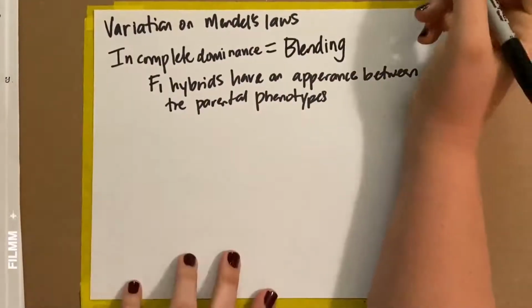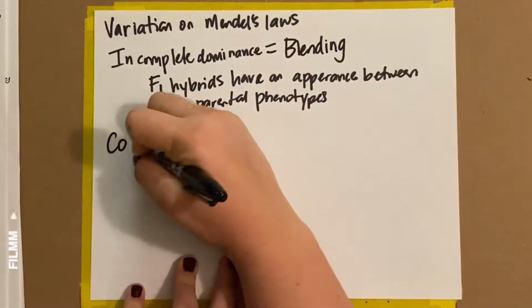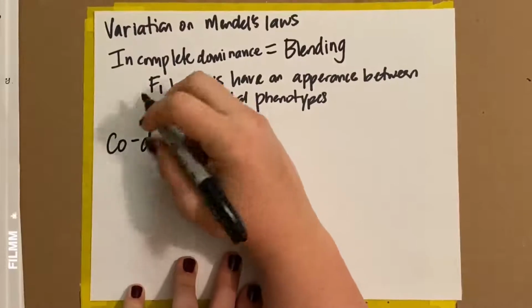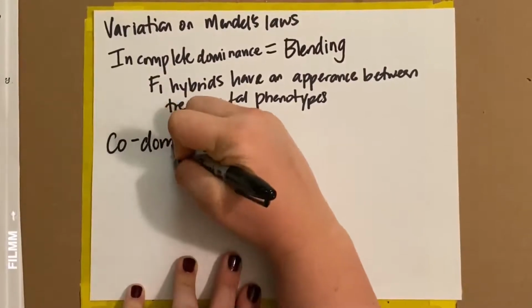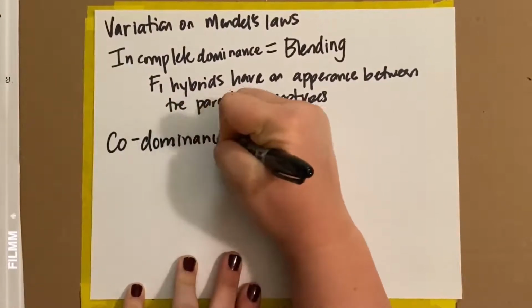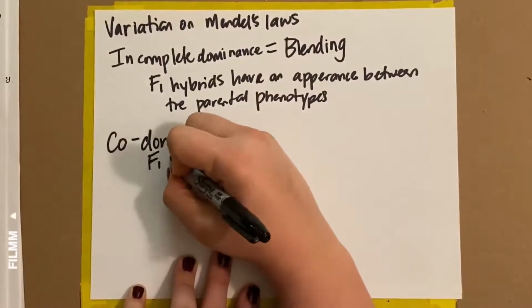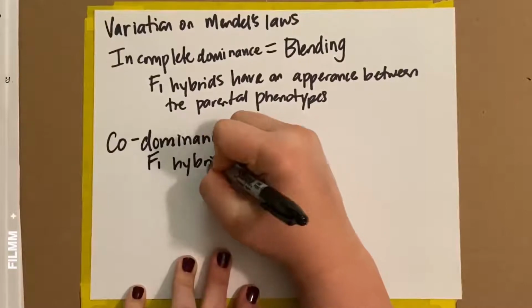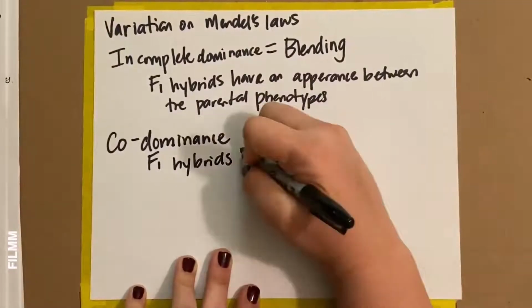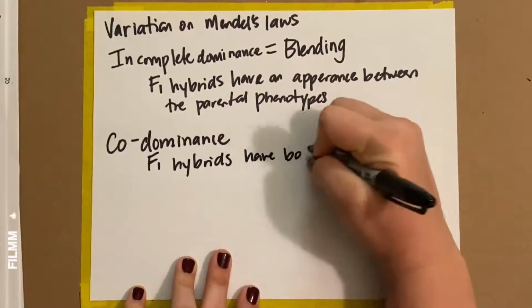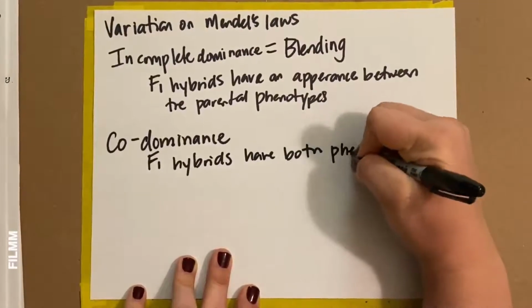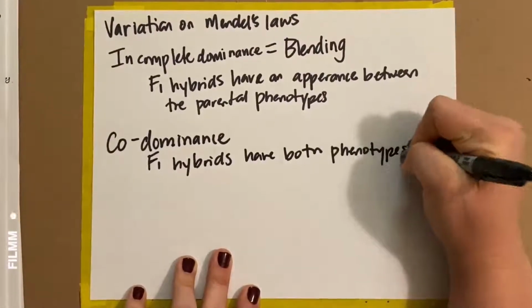The next type is called codominance, and this one is not blending. In this case, the F1 hybrids have both phenotypes present.